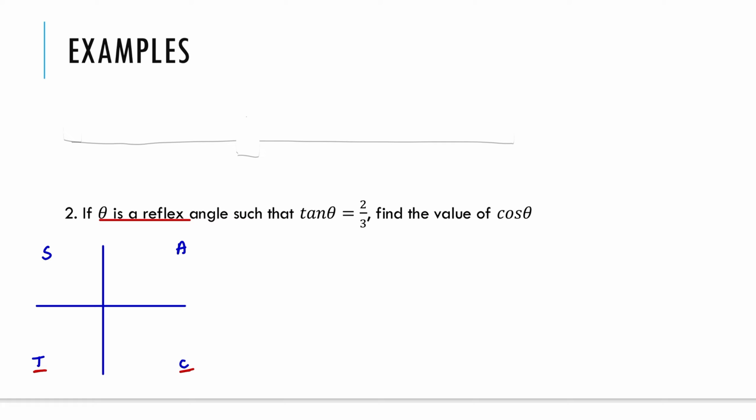It says that if it is a reflex angle such that tan theta is a positive output, can you see here, then it must be sitting in this quadrant, because that is the only quadrant of the two where tan is positive. And now my next step is to follow the 3 steps of solving for cos theta. Remember, our first step is to create a triangle.